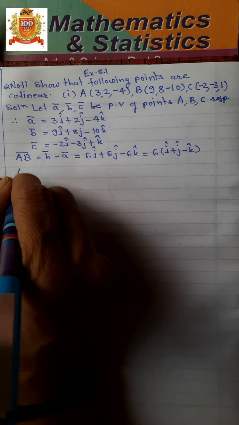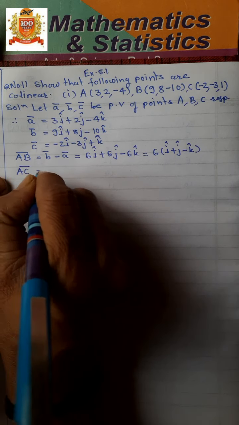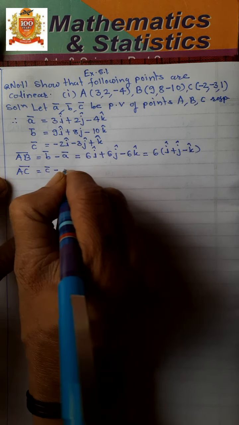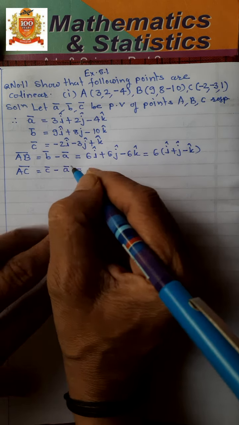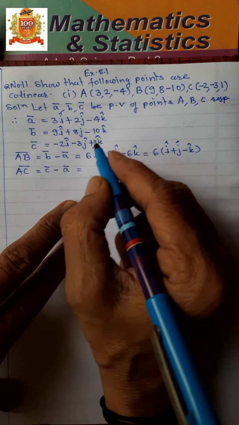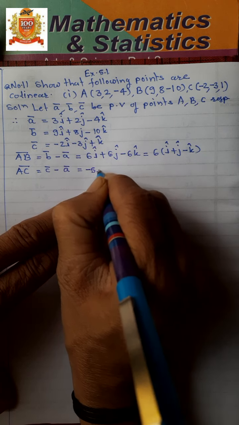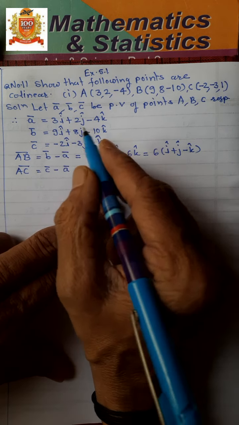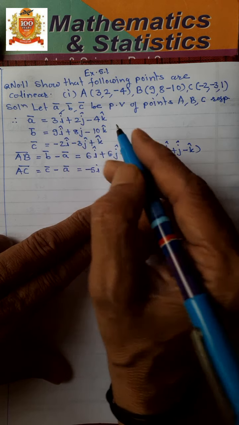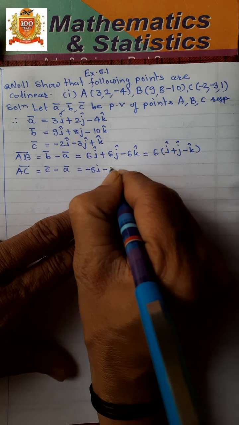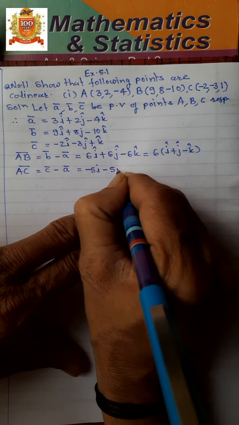Now we find AC bar is equal to C bar minus A bar. That is equal to minus 2 minus 3 means minus 5i. Then minus 3 minus 2 means minus 5j.